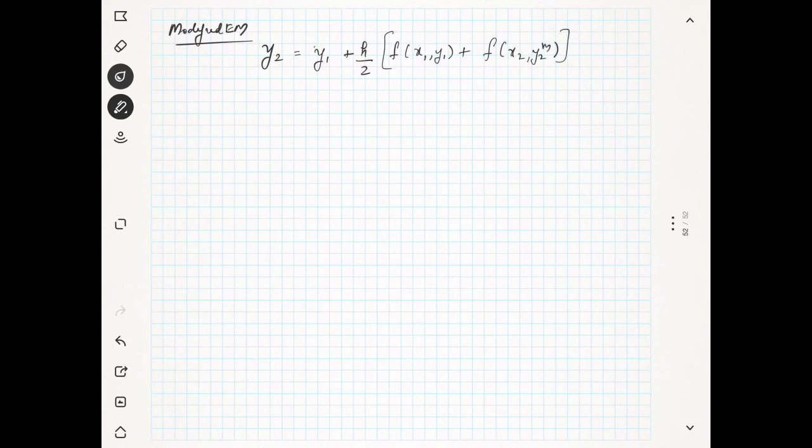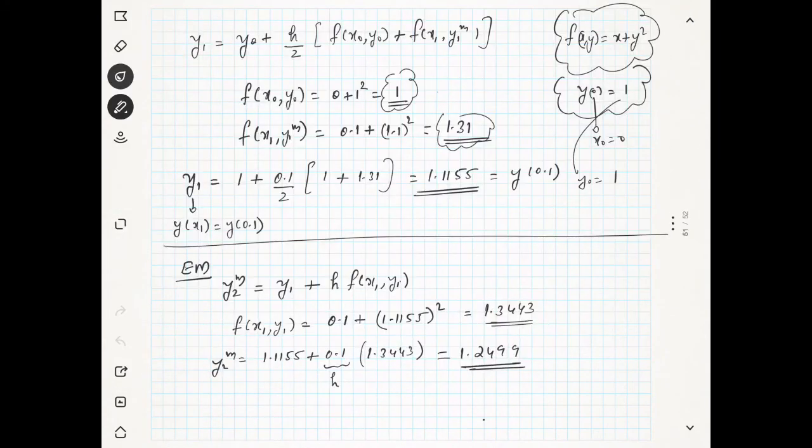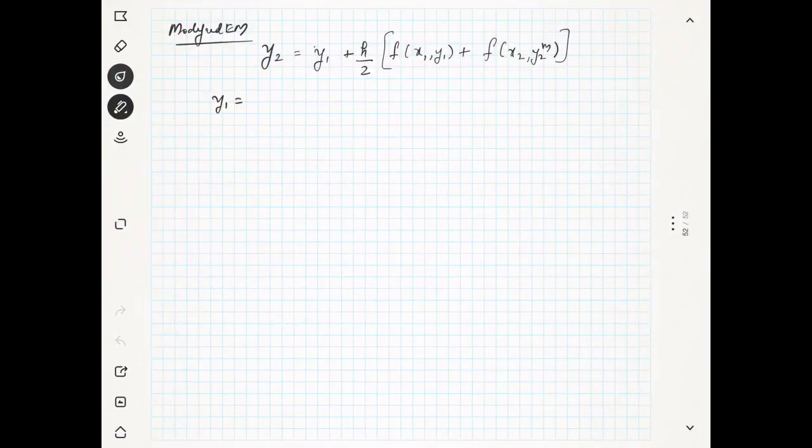Okay, so you have all these details. I will write it. y1 is equal to 1.1155.